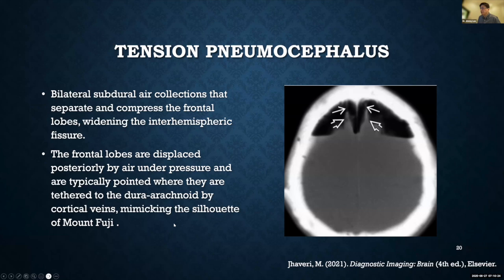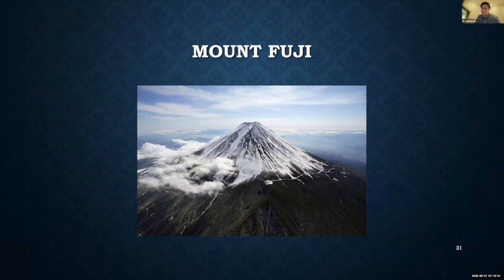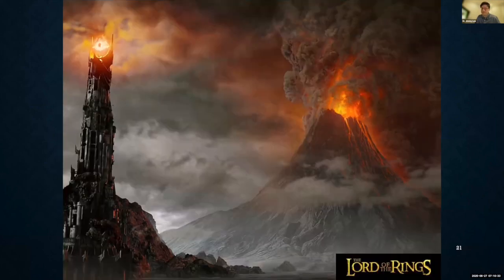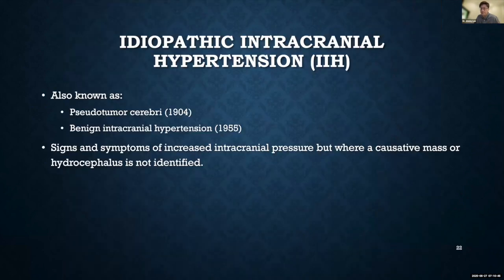So some people have called this a Mount Fuji sign. It looks like Mount Fuji. And if you're a Lord of the Rings fan, maybe it's Mount Doom. Really doesn't matter. But I think the important thing is not to overcall it. So the way I approach it is, if I see it, I suspect it, I tell them, but they would then do follow-up imaging if the patient got worse, and go from there.